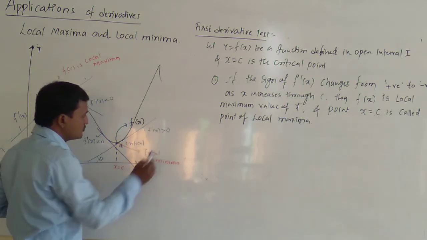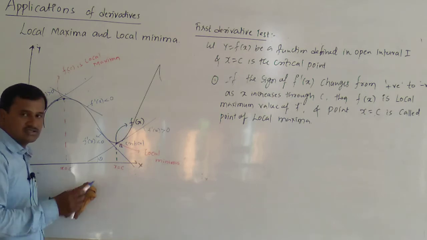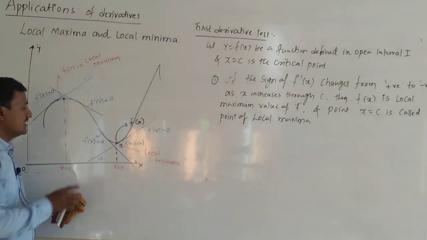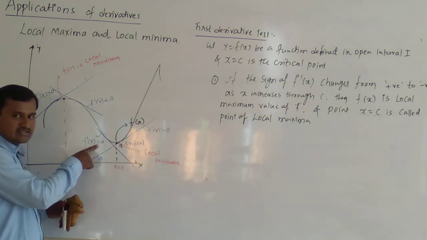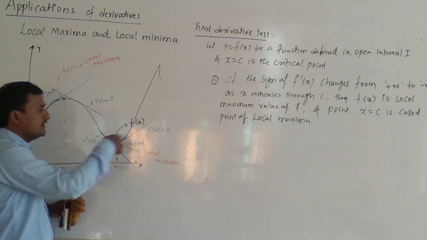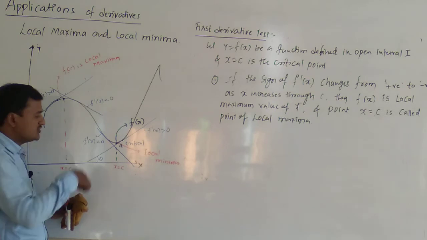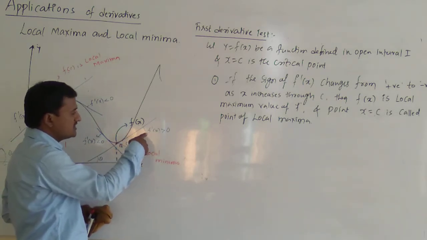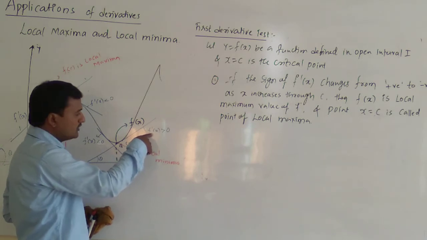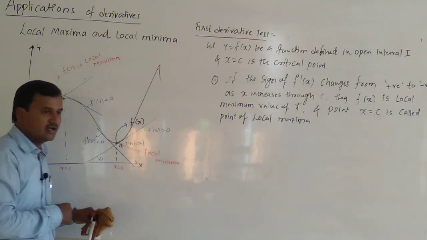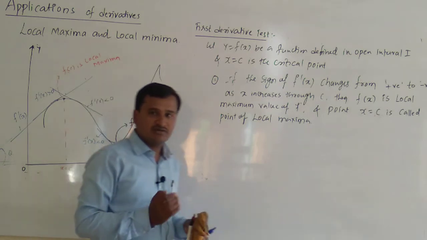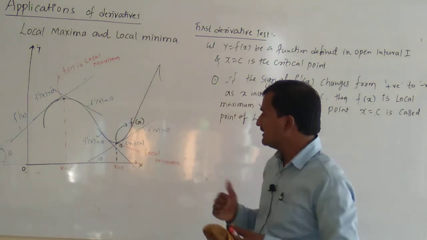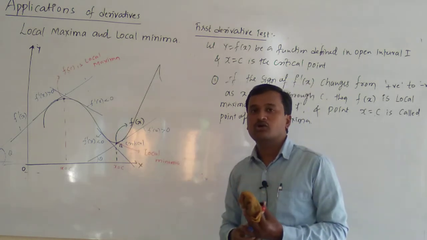Therefore positive means here you are getting f dash of x is more than 0. So clearly here you should observe the sign of f dash of x changes from negative to positive. Initially it is less than 0, after that the sign of f dash changes to more than 0. So in that case we are getting the local minima.